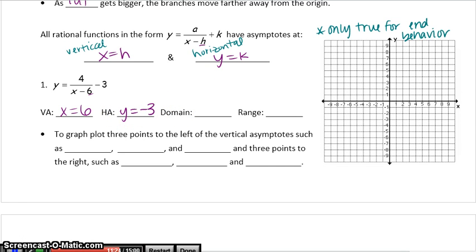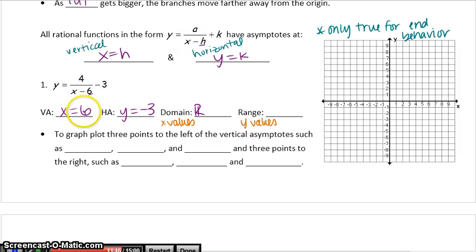And remember what our domain and range is. That's our x values, and our range is our y values. Okay, so looking at this, what x values can we have? Well, we can have all of them, but do we have any restrictions?